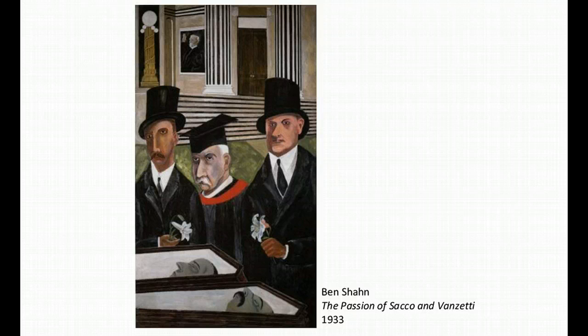Around this time, during an anti-fascist scare, two Italian immigrants, Sacco and Vanzetti, were put on trial and put to death for a crime that pretty much everybody now admits they did not commit.